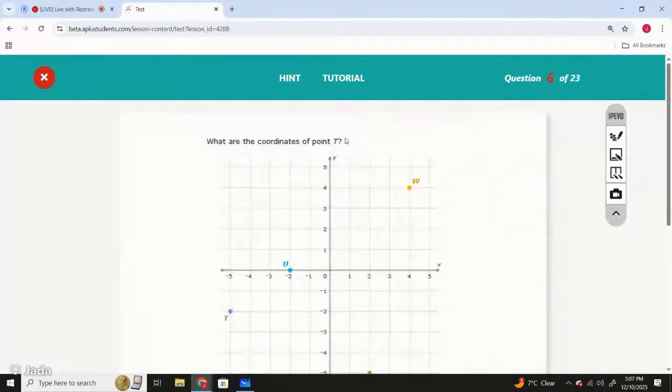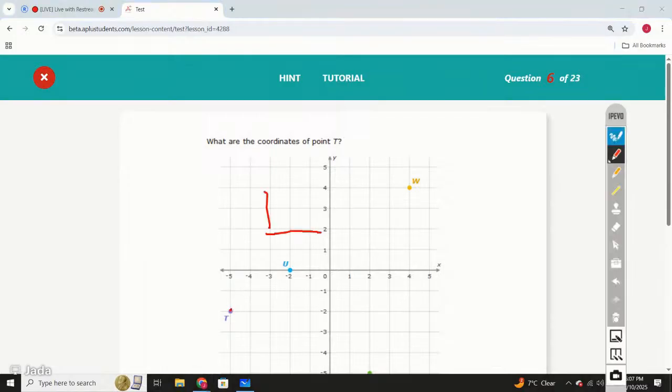What are the coordinates of the point T? Here is point T on the graph, right? Just find the coordinates of the point T. So, what are the coordinates?